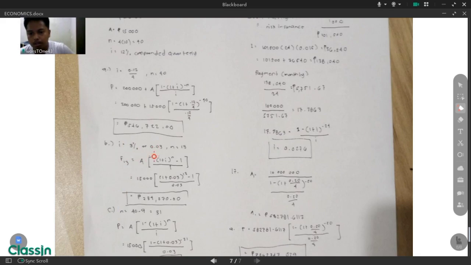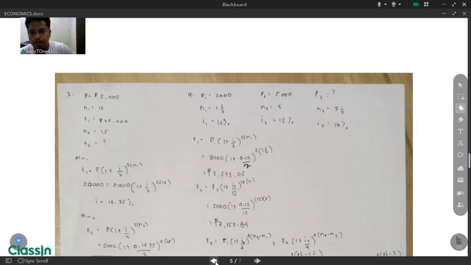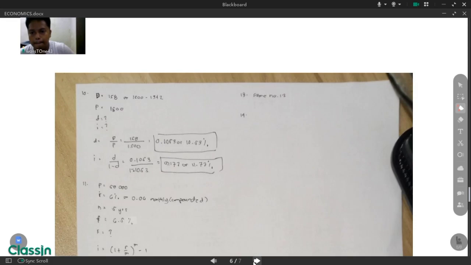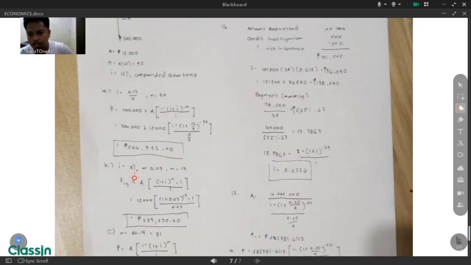Here i equals 3%, or 0.03, and n equals 13. So solving for F at the 13th payment, A is 15,000, then 1 + 0.03, since 0.12/4 is 0.03 in decimal form and 3% in percentage form. And n is 13, since we are finding the 13th payment.